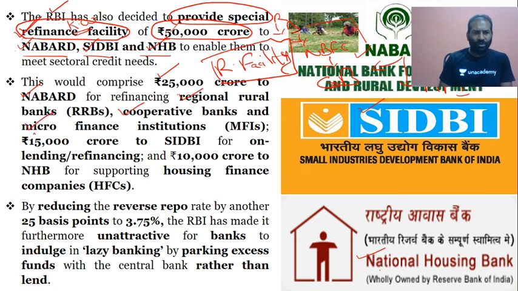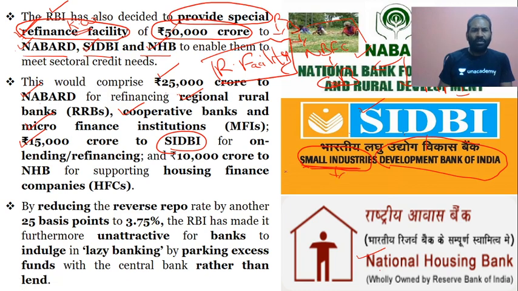That is 25,000 crores. Again, 15,000 crores of the 50,000 crores will be financed to SIDBI. What is SIDBI? It is the Small Industries Development Bank. This is a development bank in regards to small industries, and it will develop them.